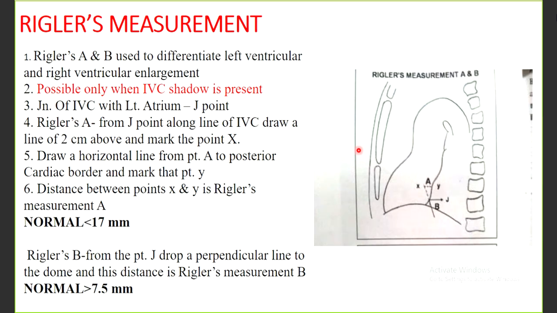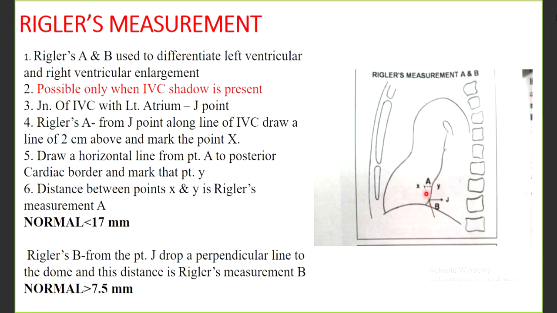Coming to ventricular enlargement, there are two measurements of academic interest. One is Rigler's measurement. For Rigler's measurement, you take a lateral view of X-ray, you follow the IVC, and where the IVC joins the cardiac shadow, you mention it as J point.